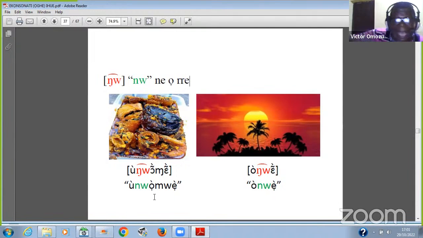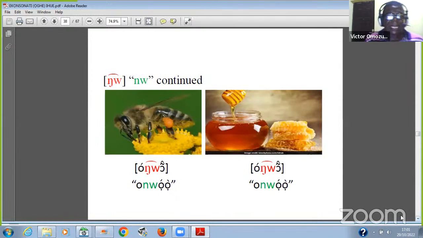every Edo sound is well articulated. So you have unwome, and then you have onwe. Then you have the same way in onwo.